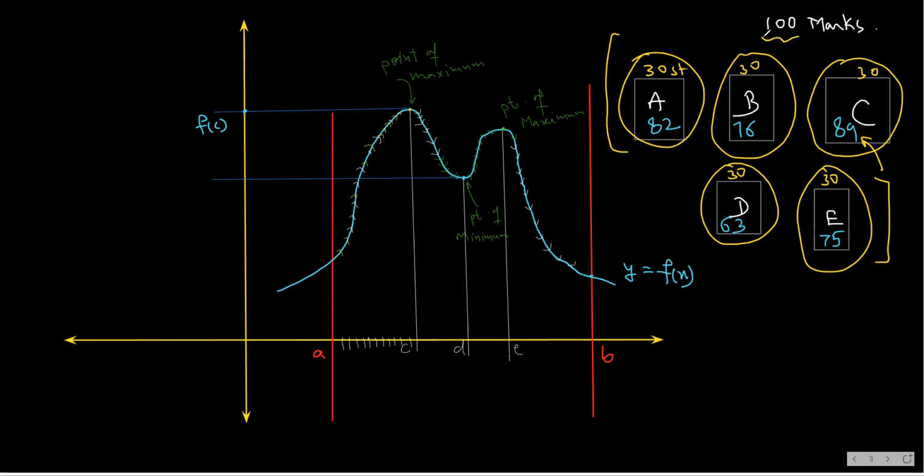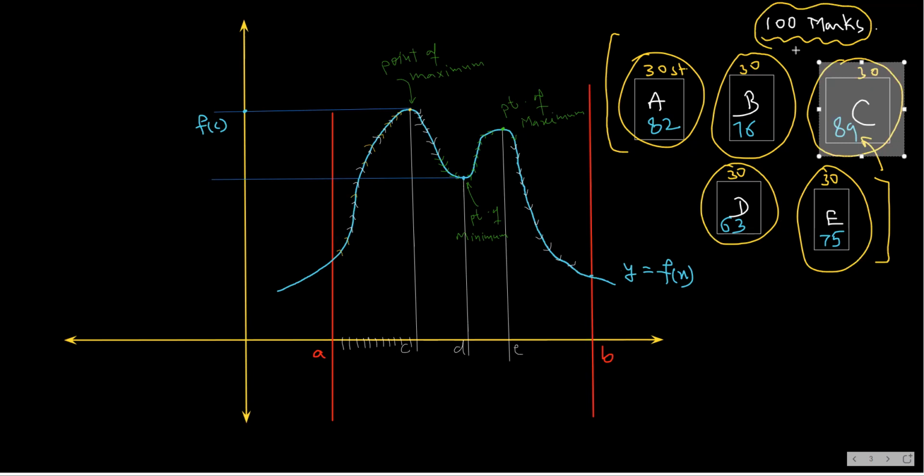If the same paper is given to some other school, then there could be another student who might get marks greater than 89, and even more than that. So remember, in this school, the absolute maximum is 89.